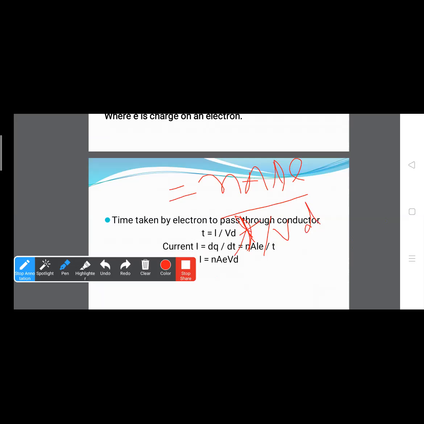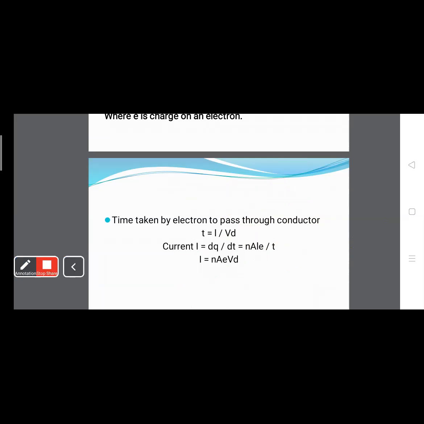So L and L cancel out. So we can write I equal to nAVde. This is the derivation of the relation between current and drift velocity. So I think this is clear to you. For a given conductor, current is directly proportional to drift velocity.